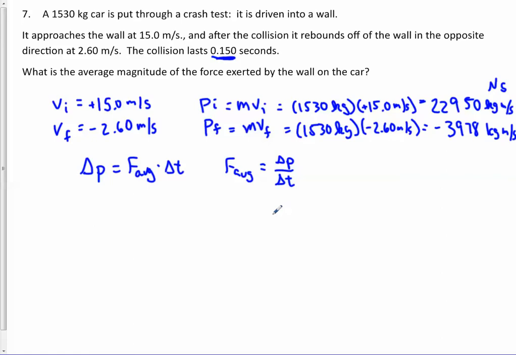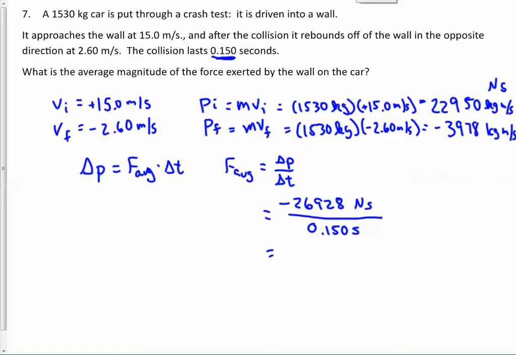So we plug everything in. The change in momentum, the final minus the initial, so this negative number minus this positive number, is negative 26,928 newton seconds, divided by the 0.150 seconds, giving us newtons.